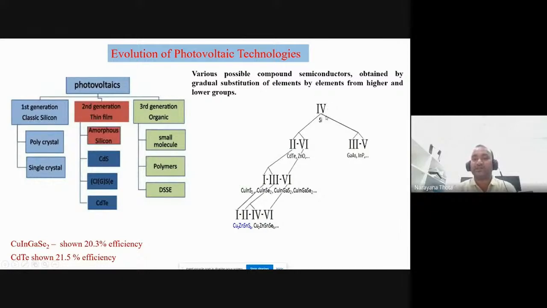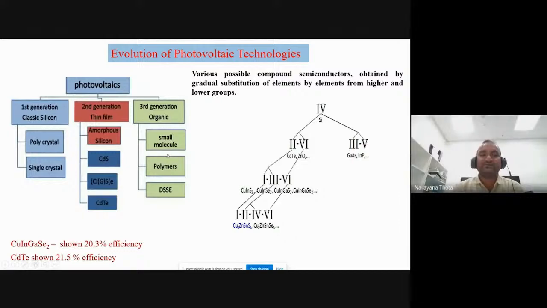If you replace the group 4 elements by 1 from group 3 and 1 from group 5, then we call it a 3-5 semiconductor. Similarly, if you take 2 steps left to the second group and 2 steps right, that is called a 2-6 semiconductor. Similarly, you can progress like this. So these are the evolution of various compound semiconductors that can be used in solar cells.